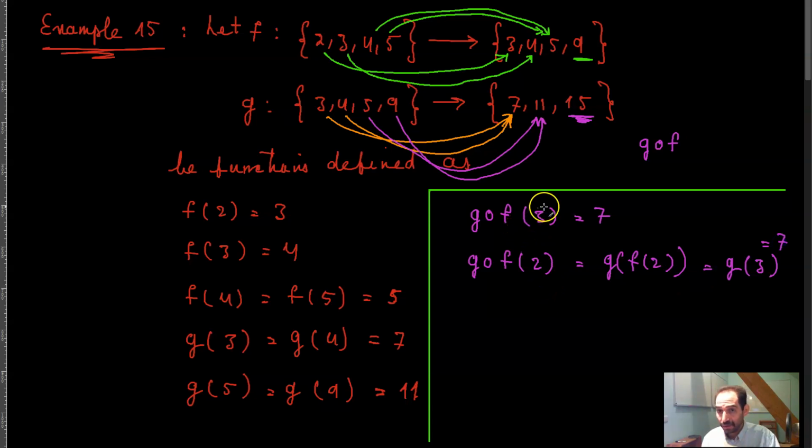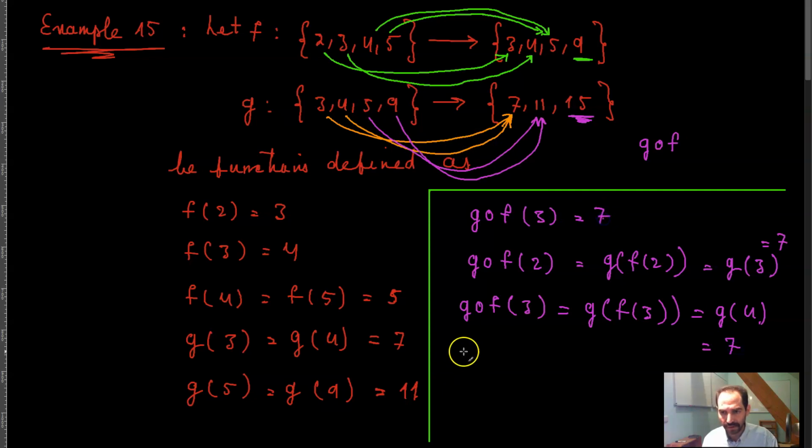And g∘f of 3, as we wrote over here, is equal to g of f of 3, which is equal to, basically f of 3 is equal to 4, so that means g of 4, and I know that g of 4 is equal to 7, so that is equal to 7 as we found here.